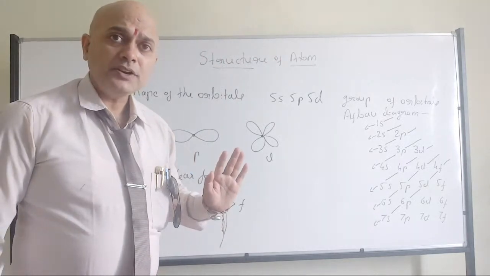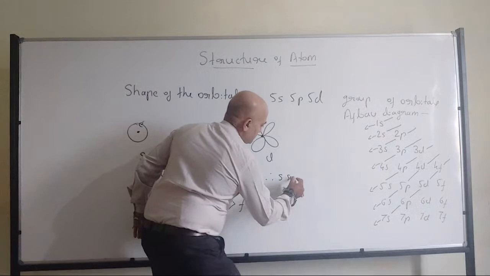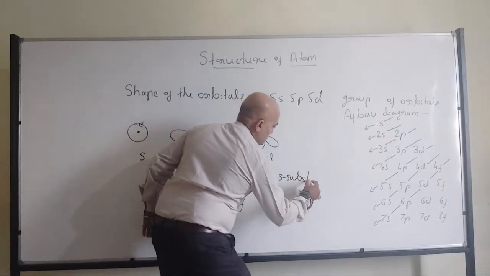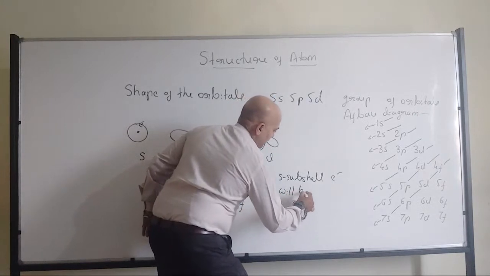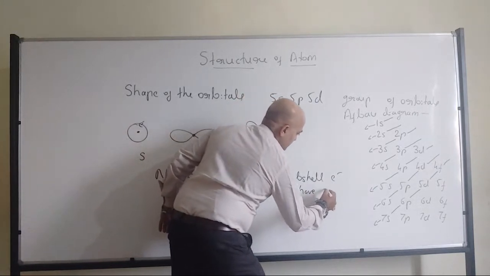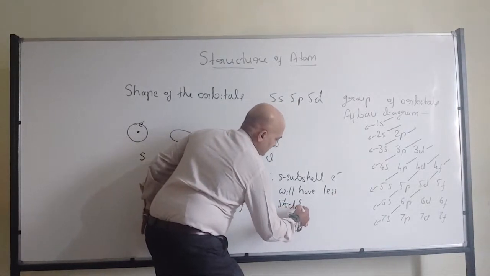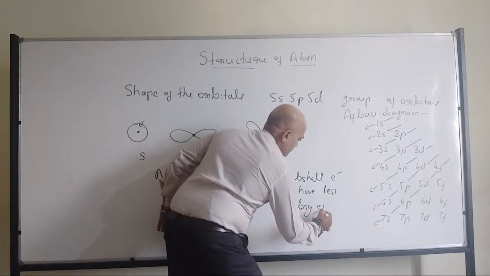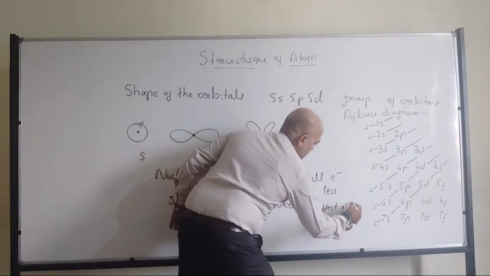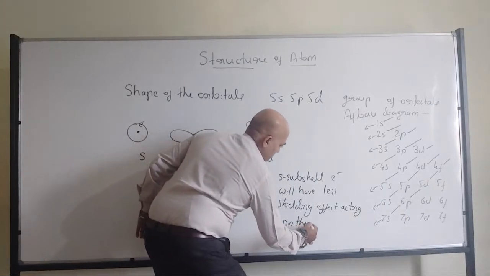All of you have understood? So I will make a statement. Therefore, s subshell electrons will feel less shielding effect acting on them.